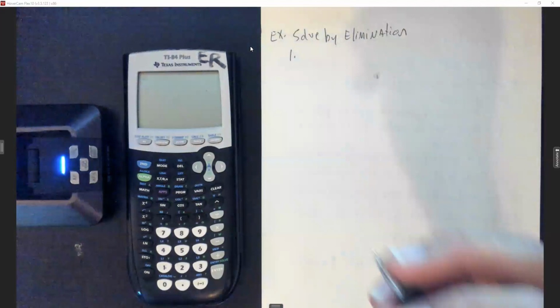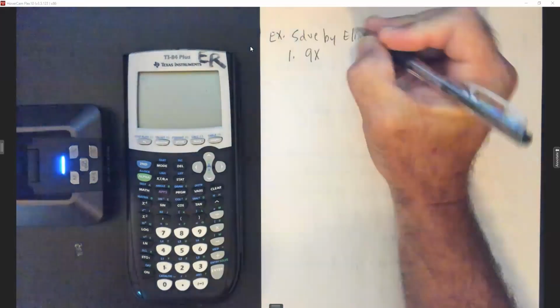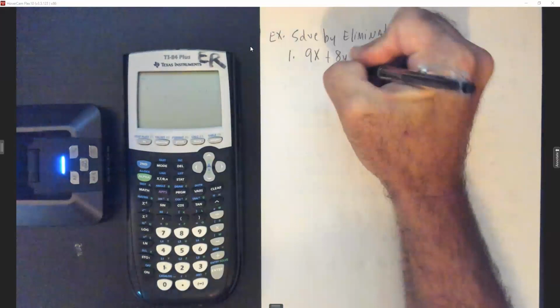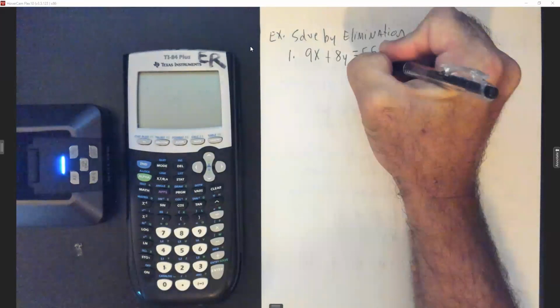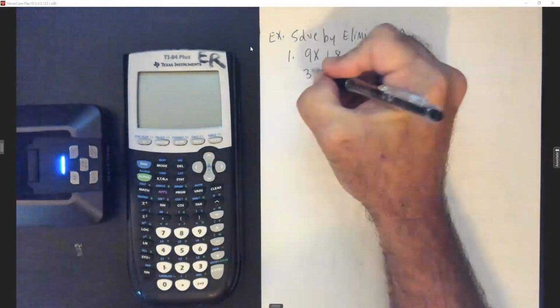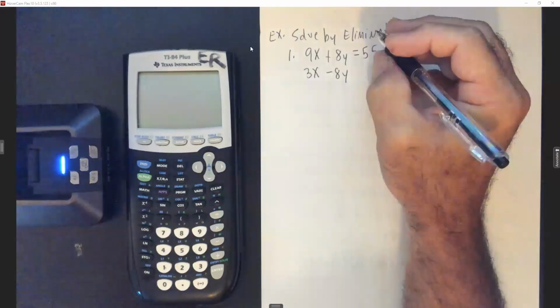So my first one, I got a 9x plus an 8y equals 55. Then I got a 3x minus an 8y equals negative 67.